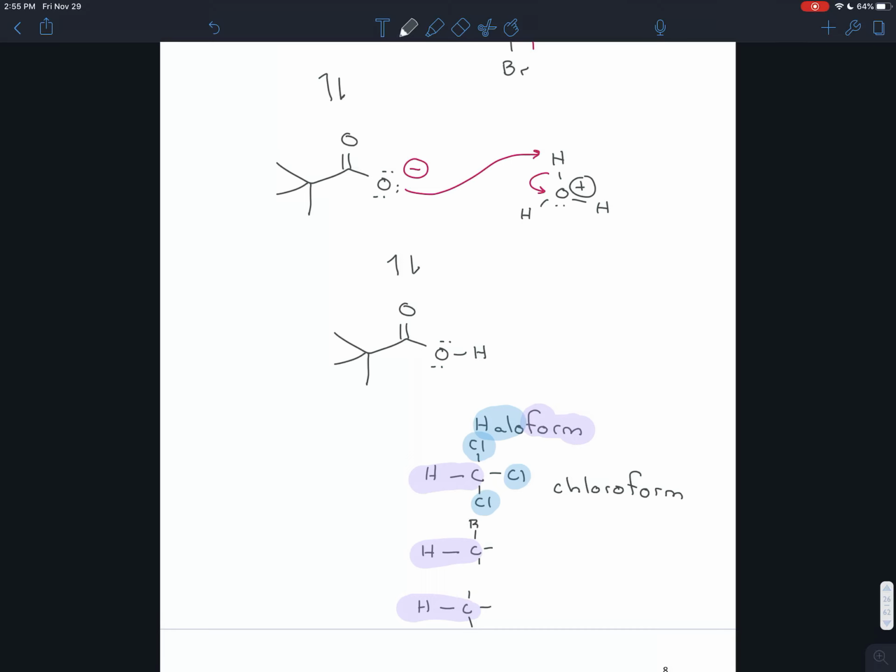If you have the 3 bromines, then it's bromoform. And if you have 3 iodines, then it's iodoform. So all of them are forms because they all have those purple carbon to hydrogen bonds, and they're either chloroform, bromoform, or iodoform, depending on which halogen fills in the other 3 bonds.